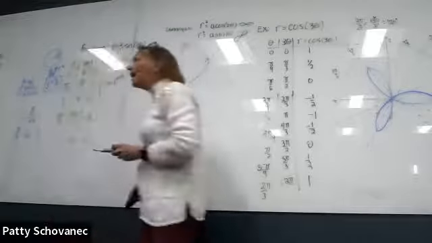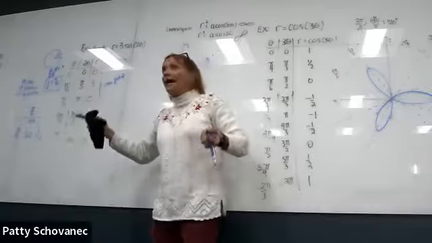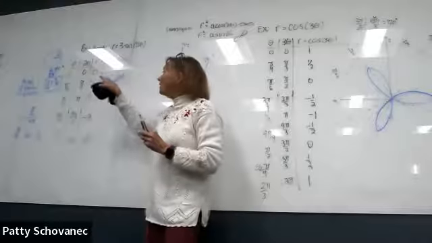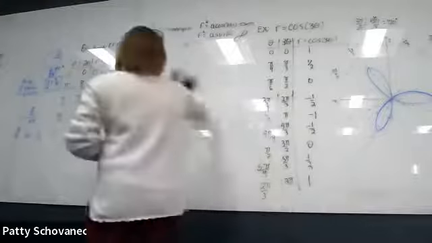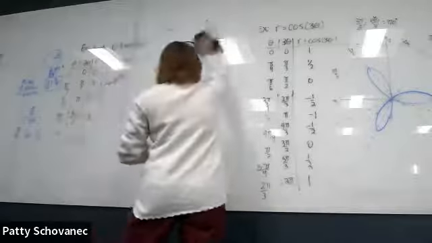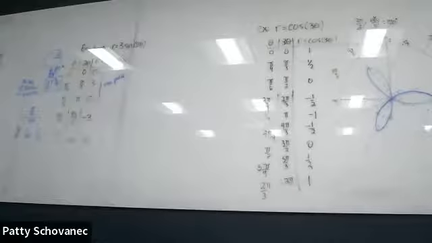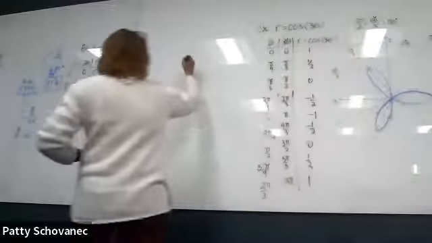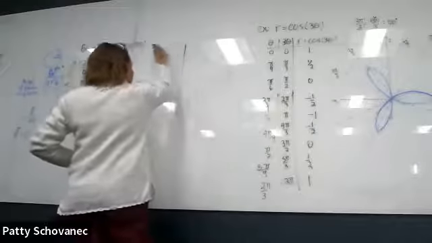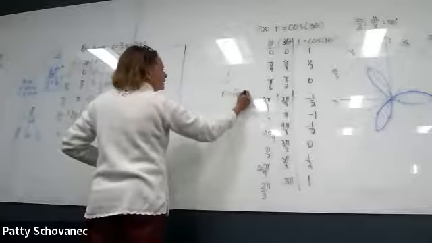Because instead of adding up a bunch of little rectangles, base times height, f of x times delta x, I'm going to add up the areas of a bunch of sectors. It's going to follow that general pattern. So make some sort of blob to be the graph of r is equal to f of theta. Okay, so here's the xy plane. And here's my blob. Just in general, graph of r is equal to f of theta.